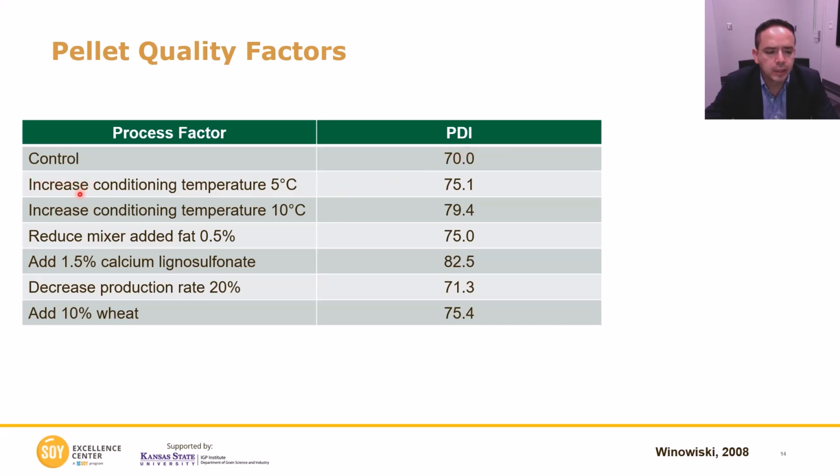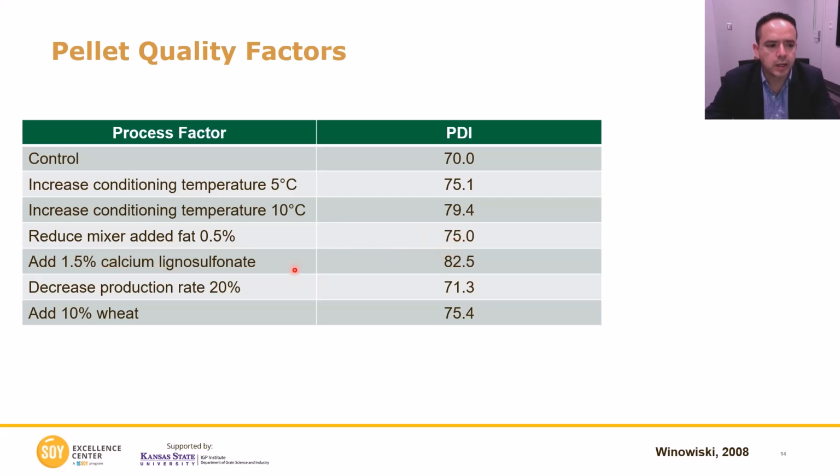However, when the conditioning temperature increased 5 degrees Celsius and then 10 degrees Celsius, you can see an improvement on pellet durability index. When the amount of fat in the mixer was reduced to 0.5, there was an improvement in pellet quality.